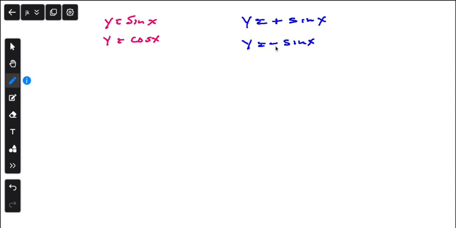Let me start with positive sine x. When plotting this graph, mostly we consider angles starting from 0, then you move to 90, you move to 180, 270, and 360. So you know what it means when we talk about this. Okay.